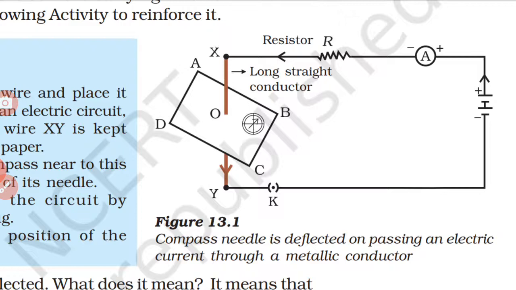This is the branch of physics that covers the study of electricity and magnetism, and it is called electromagnetism or electrodynamics. These electromagnetic principles are widely used in loudspeakers, electric motors, maglev trains, hard disks of computers, communication, etc.